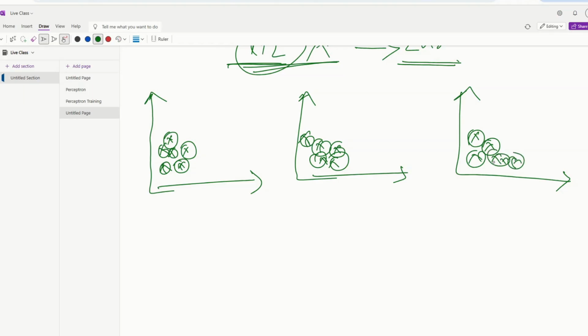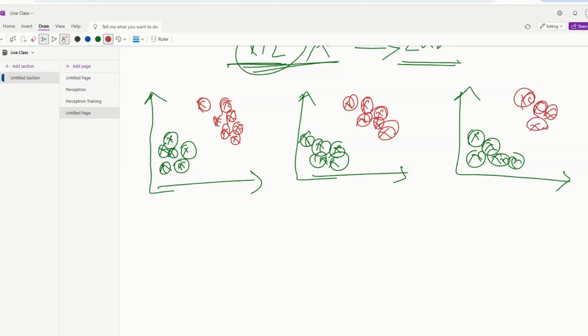And I have other data points which belong to a different group, which I'm drawing in this color. I'm just drawing it randomly, just to build the concepts. Let's suppose these are the data points, and here also.